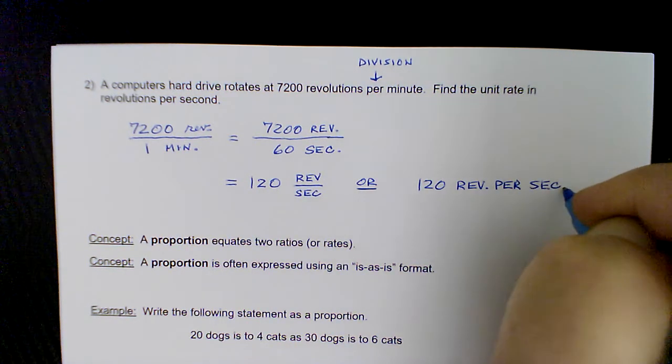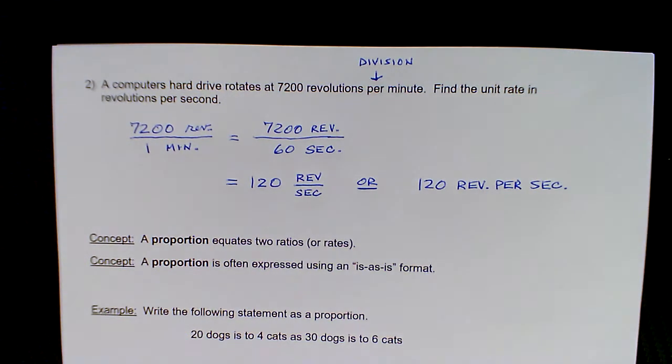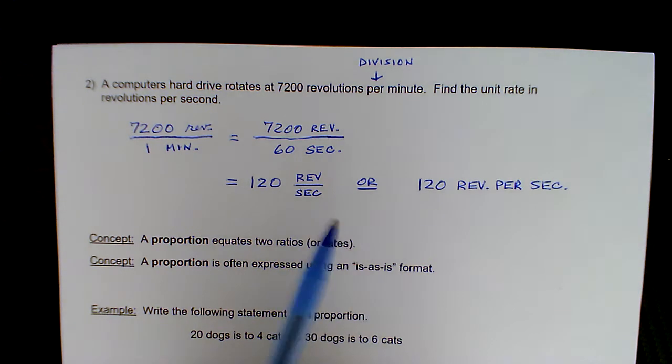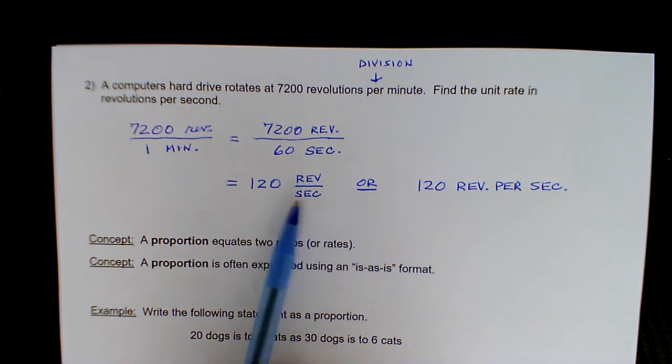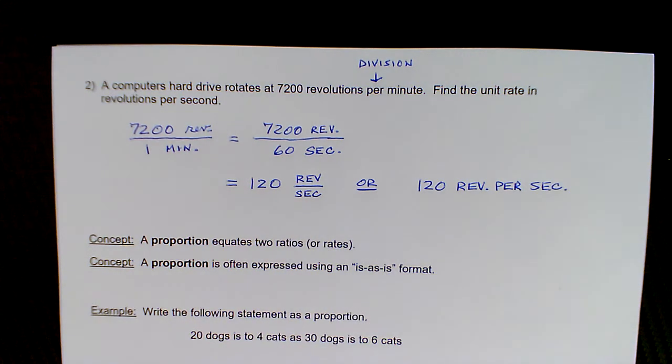The reason why it was more favorable in the last example, because we were dealing with money, we had the dollar symbol in front of the numerical portion, so it was preferable to explicitly use the word per. Whereas in this particular example, this first answer may be more desirable, but either way is fine.